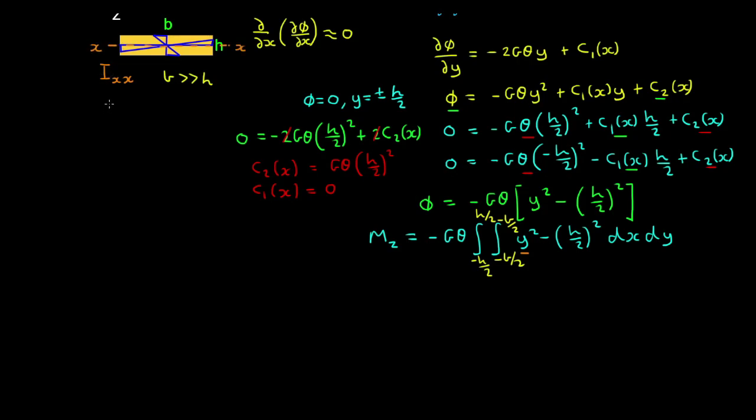So this is well known to be bh cubed on 12. So if we split this integral, we get minus Gθ by bh cubed on 12, and then minus minus is a plus, Gθ by the double integral of h squared on 4, with respect to x and y. And we'll put in our limits of integration.